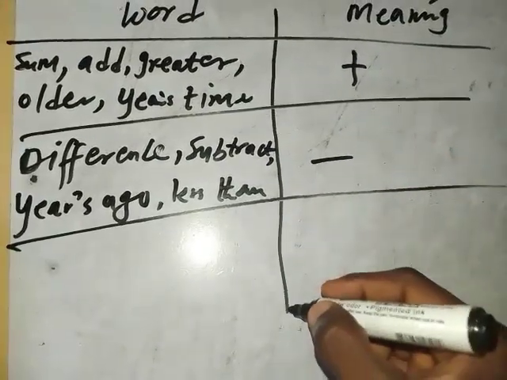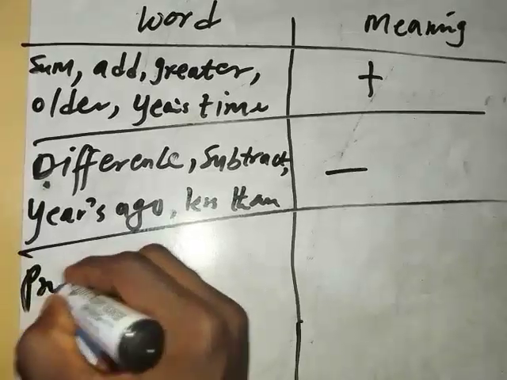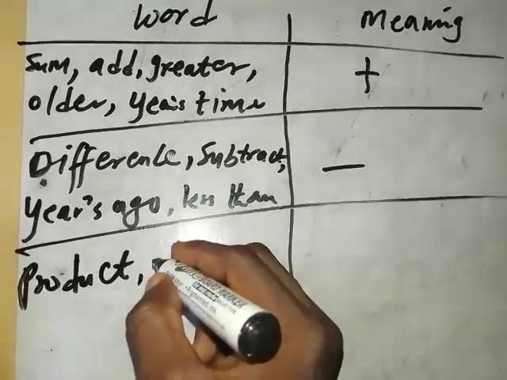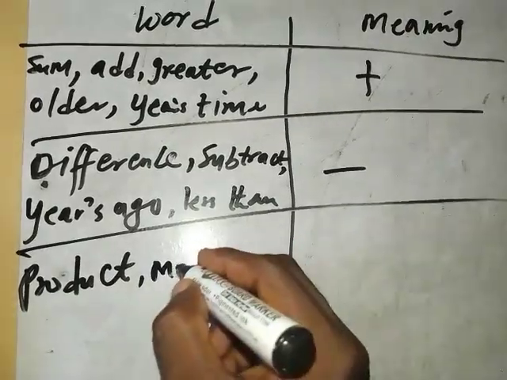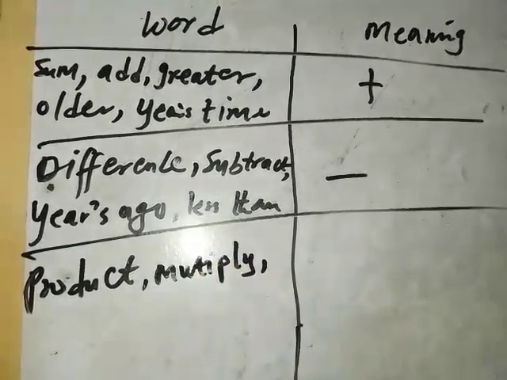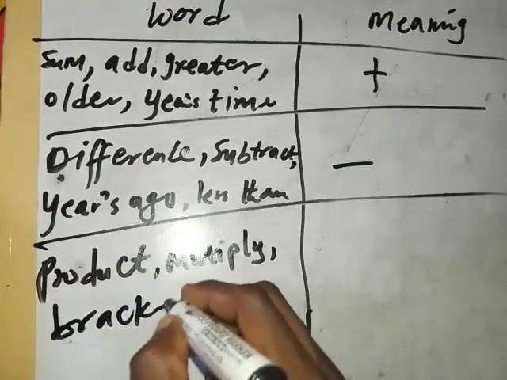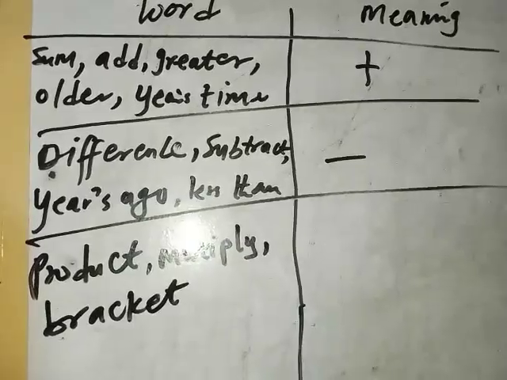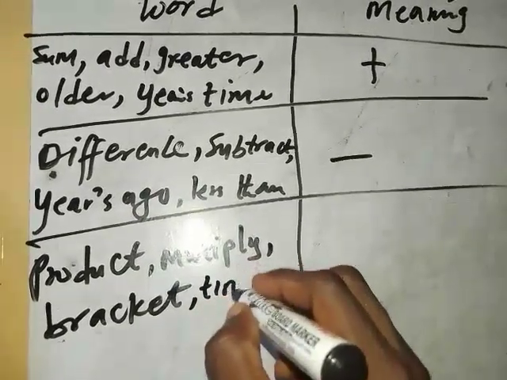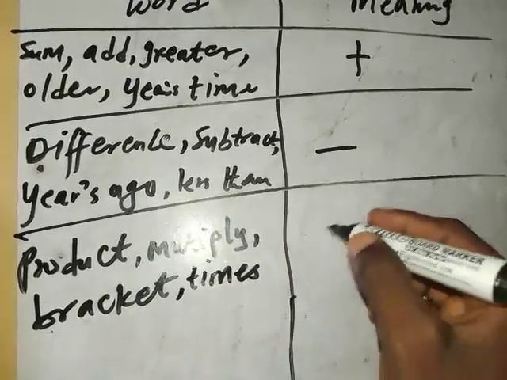And when you see product, you see multiple or multiply, sorry. When you see multiply, when you see bracket, or times, it means that you should what? Multiply.